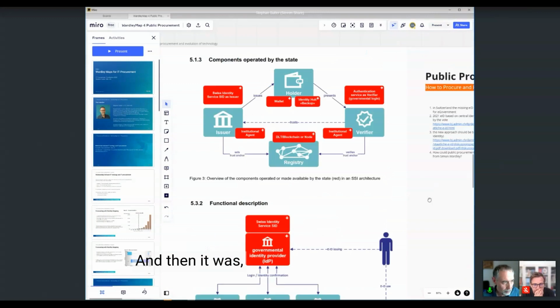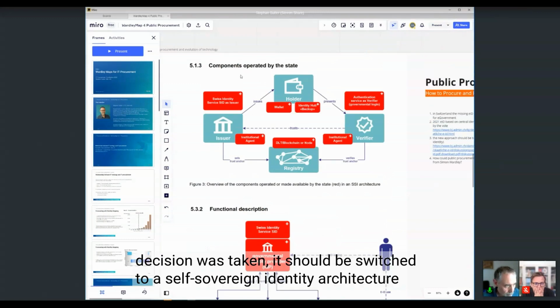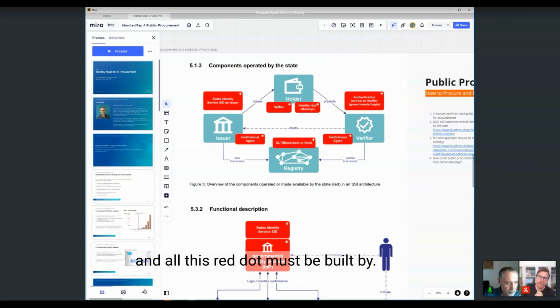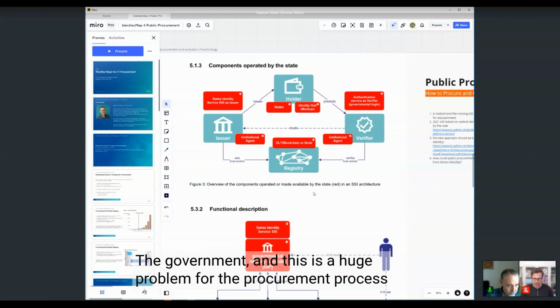And then the decision was taken, it should be switched to a self-sovereign identity architecture, and all this red dot must be built by the government.